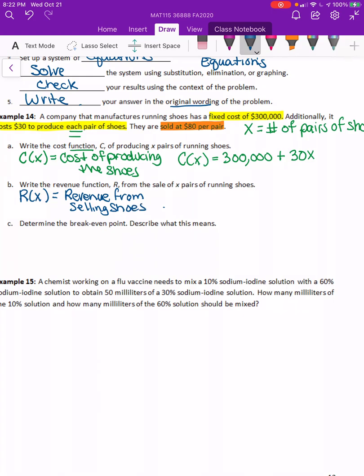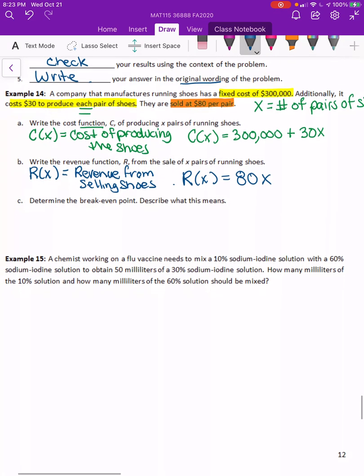Since they're selling them at $80 per pair, the revenue is going to be $80 times x, the number of pairs. So we've got two equations here. And again, it's a system of equations, meaning we have two equations that apply.